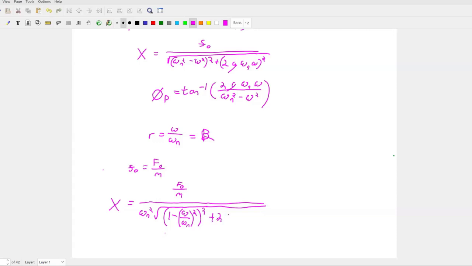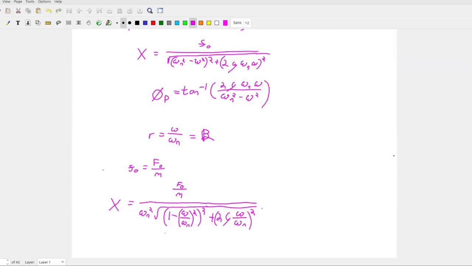Plus 2 zeta omega over omega n, and this whole parameter here is squared.